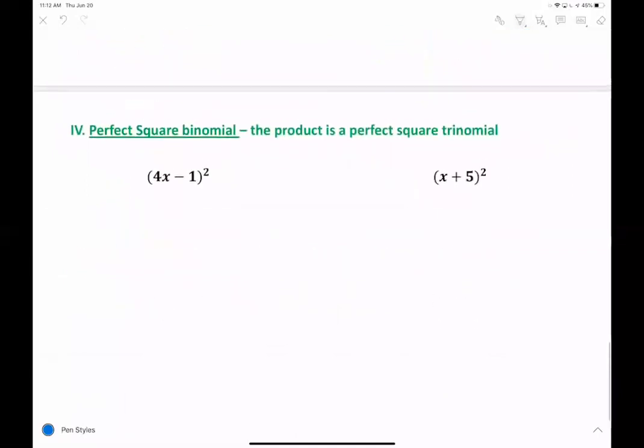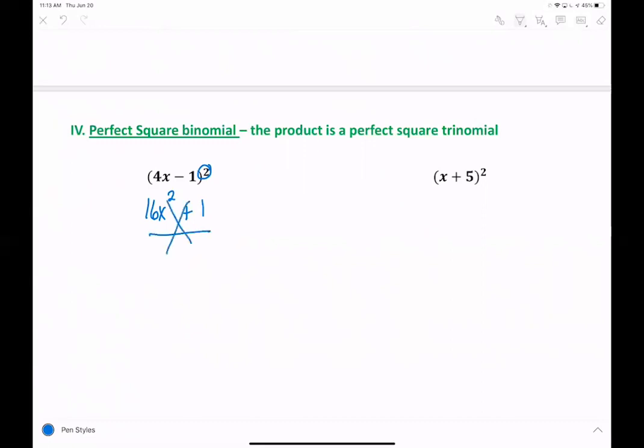All right, the last case here is another special case. It's called perfect square binomials. And the product, remember, product is the answer when you're multiplying, is what's called a perfect square trinomial. Now when you look at this, the biggest mistake students make is to think, okay, I've got that squared, so I'm going to square the 4x to get 16x squared, and I'll square the 1, and that's my answer.